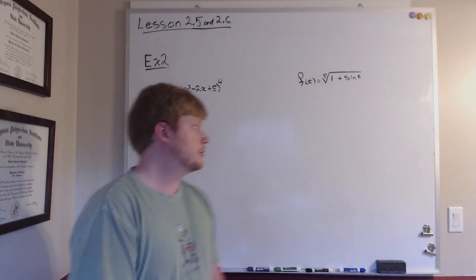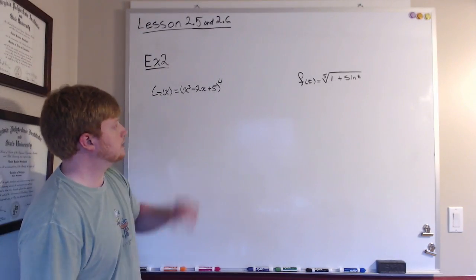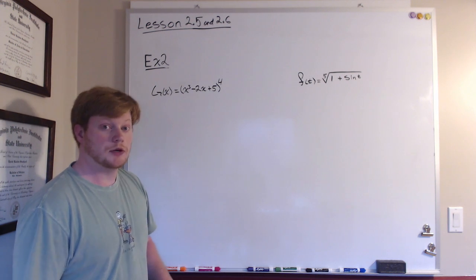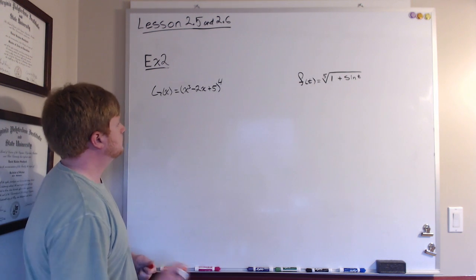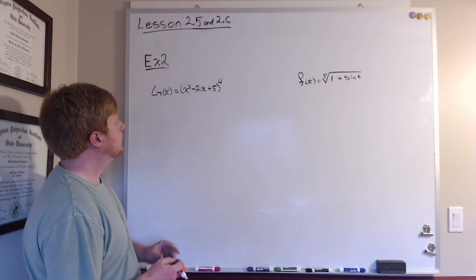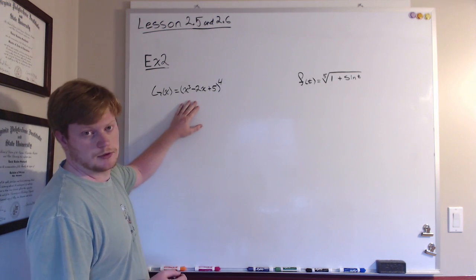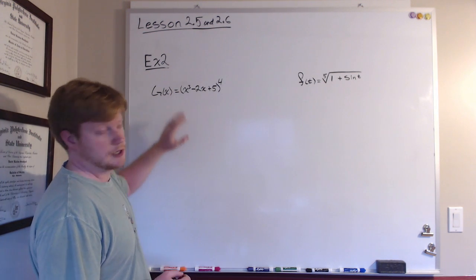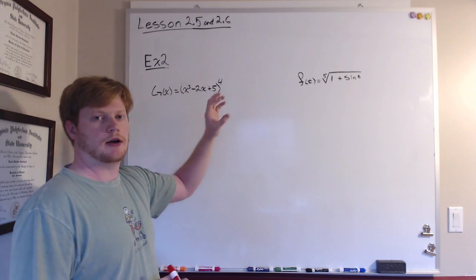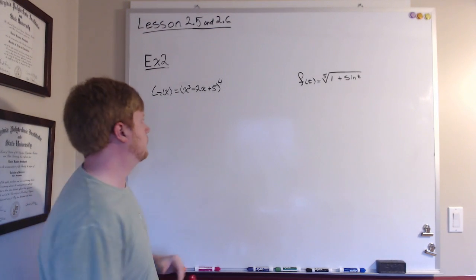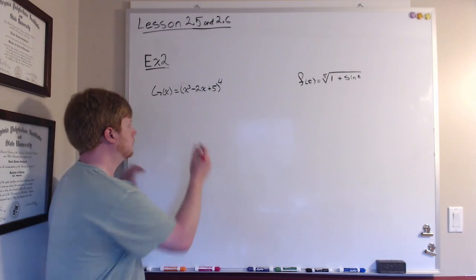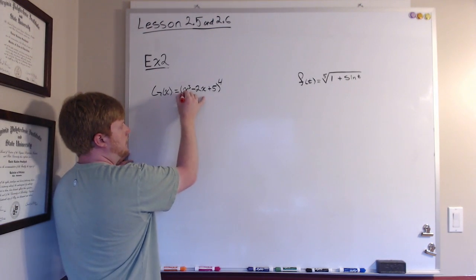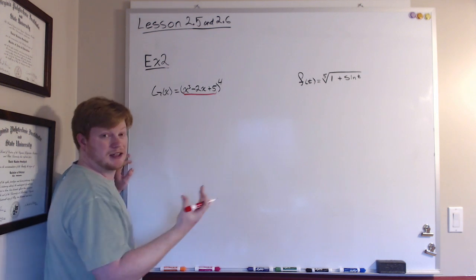So example number 2 is our first example involving the chain rule. Okay? For this first example, first part of example 2, I'm going to actually write out what my functions are and where they are, right? So this is going to be my inside function.